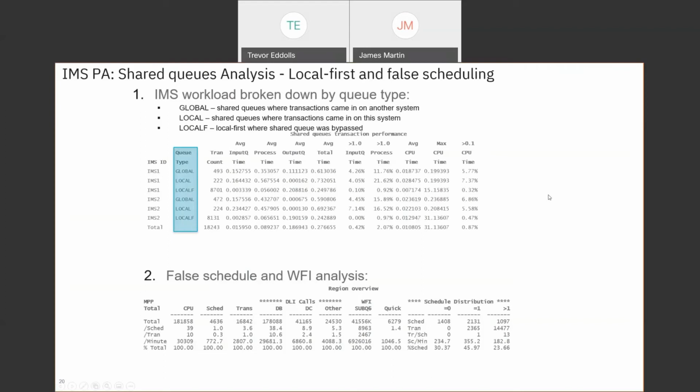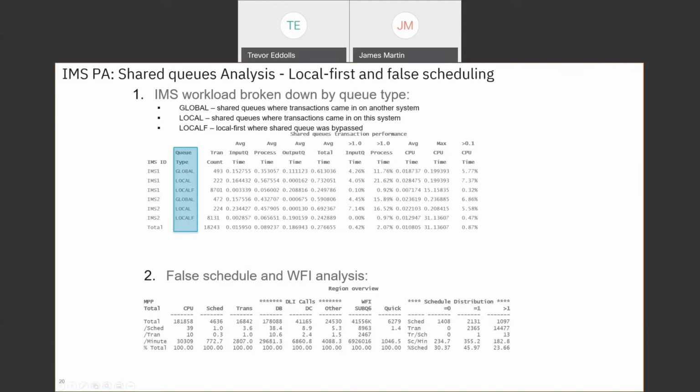The other thing that we always like to understand in a shared queues environment is our false schedule and WFI analysis report, which you can see here on the bottom. Again, another forms-based report. But when we're looking at false scheduling in IMS, that's a very key metric from a performance standpoint, right?